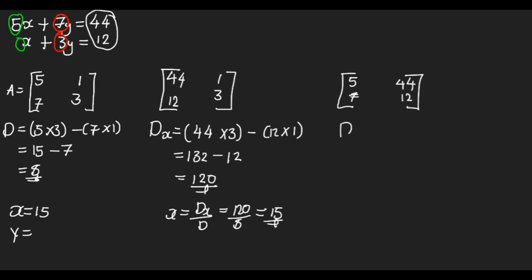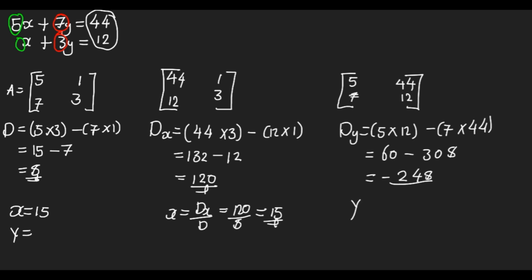So let's find Dy. So 5 times 12 minus 7 times 44. 5 times 12 is 60 minus 7 times 44, that is 308. Then 60 minus 308 is negative 248.